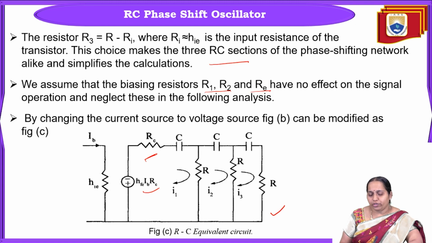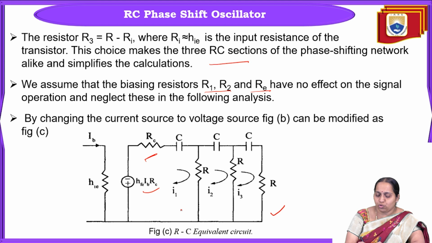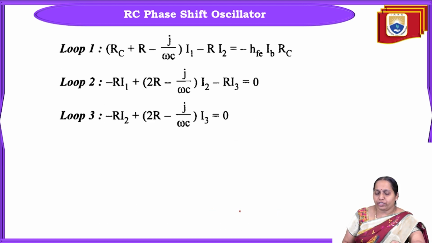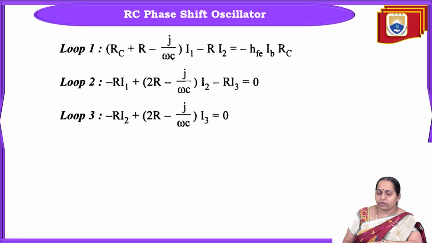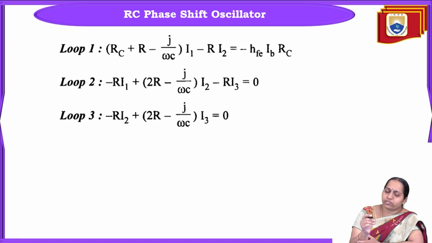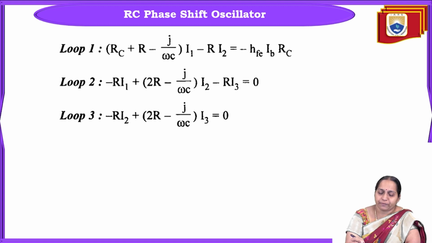Applying KVL to each loop, this is loop 1, this is loop 2 and this is loop 3. The equivalent impedance of C is given by 1 by j omega C, or simply minus j by omega C. For loop 1, you will get (RC plus R minus j by omega C) into I1 minus R into I2 equal to minus hFE IB into RC.